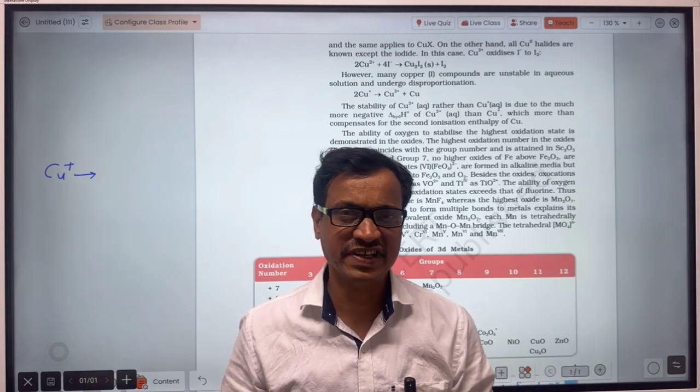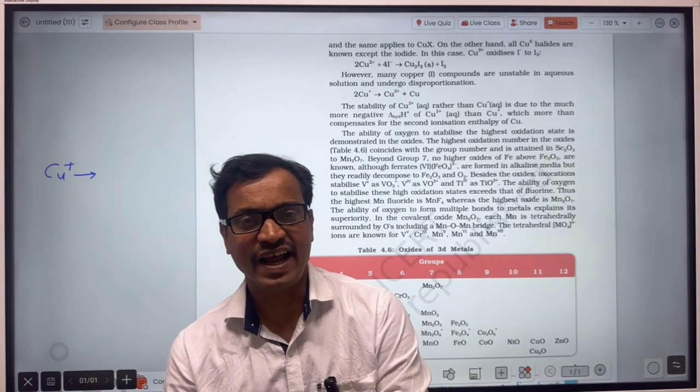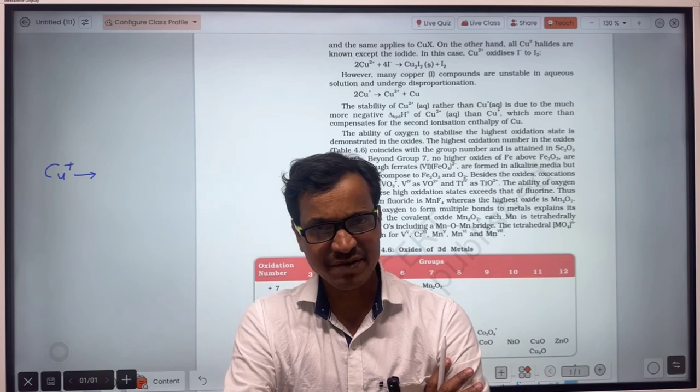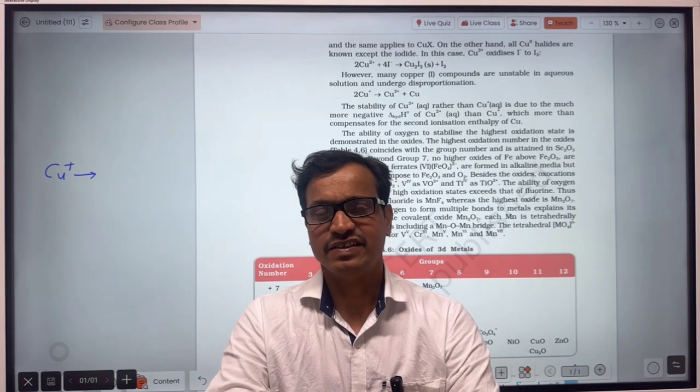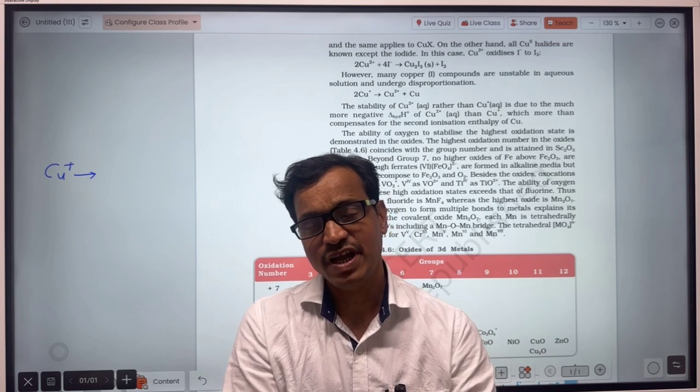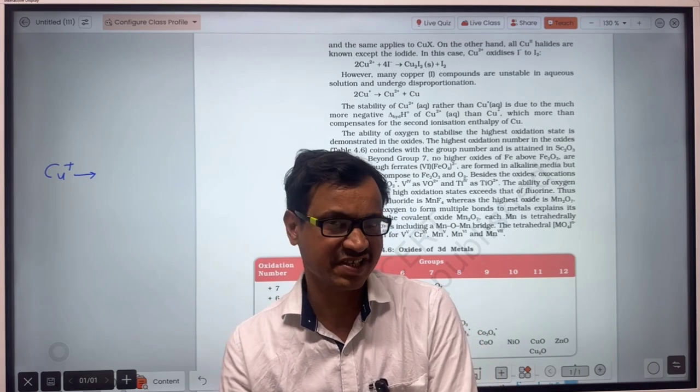The reaction in which the oxidation and the reduction will take place of the same compound, that reaction will be called a disproportionation reaction.